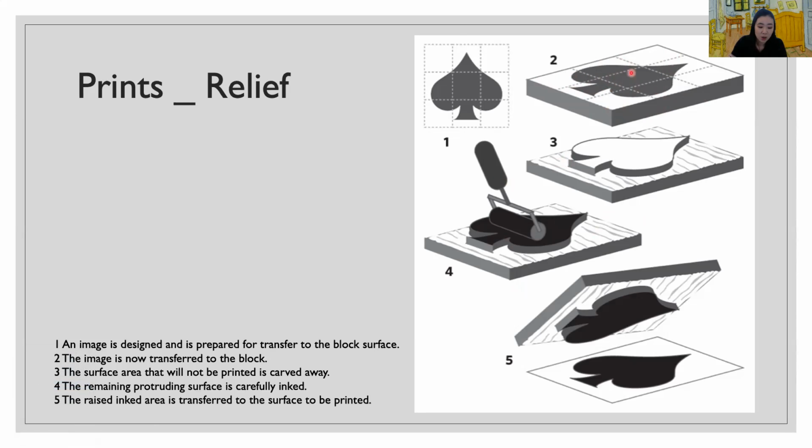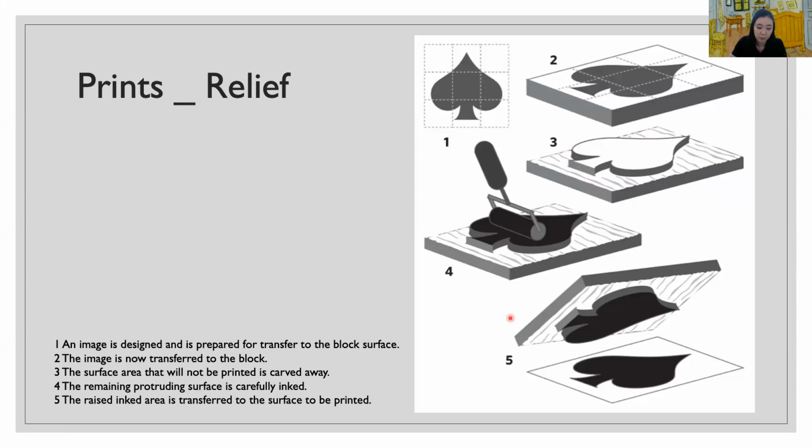The image is transferred on the block, and then the surface area that will not be printed is carved away. For this printing, the artist leaves this space and just gets rid of all the background from here.